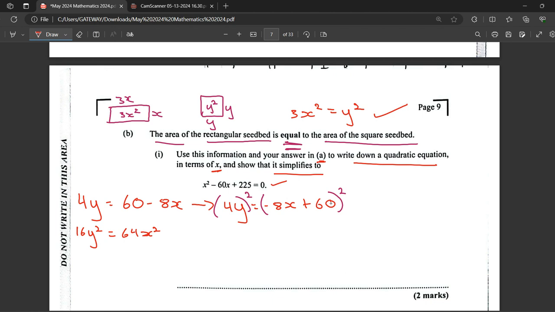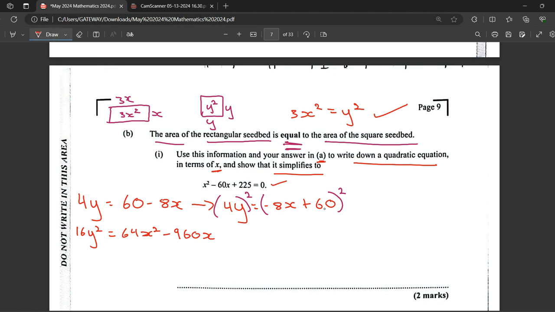Now, negative 8x times 60, and you multiply that by 2, you will get negative 960x. So you multiply 60 by negative 8x and then multiply that answer by 2 because you have the power 2 there. Or you can just multiply negative 8x plus 60 by negative 8x plus 60, expand it out and you'll get the same thing.